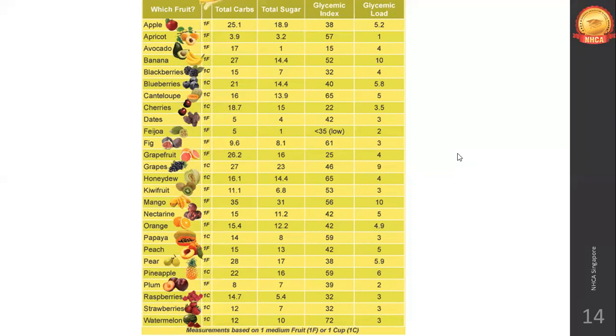The food that has low glycemic load means the food that can score less than or equal to 10. It's highly beneficial for diabetic patients. Food that has a glycemic load equal to or more than 20 is not good for diabetic patients.